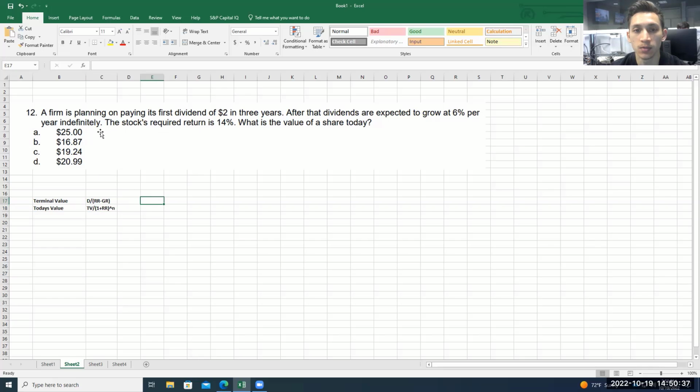Let's go ahead and get down everything that we know. It tells us we have a dividend of $2, 3 years. Dividend is going to be $2. Dividends are expected to grow at 6% per year. That's going to be our growth rate.